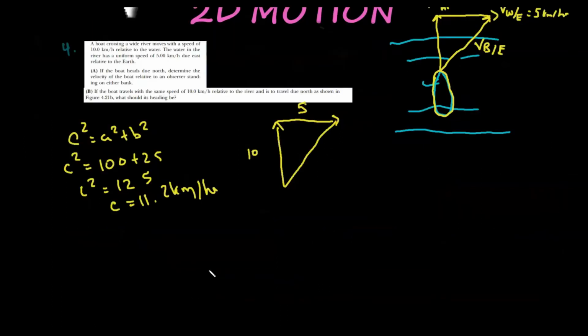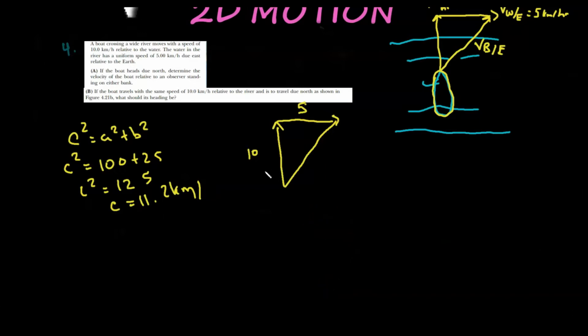Alright guys, so part B says if the boat travels with the same speed of 10 kilometers an hour relative to the water and is to travel due north, as shown in figure 4.21b, I'm going to draw the figure for you guys. What should its heading be? Alright, what does its heading mean? We have the same triangle, it's just a little different now.